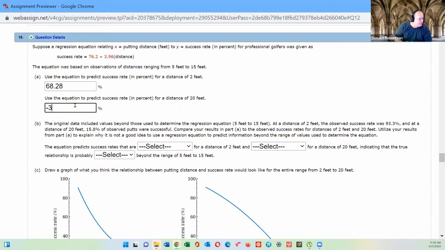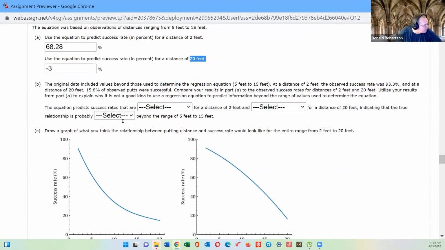The model that they're using is only going to be used in this range, 5 to 15 feet. And as long as you use it in that range, you'll get numbers that are accurate and make sense. But if you try and do it for somebody putting 20 feet away, do you see it's outside the range of the data? Outside, extrapolation, right? And that's what went wrong there.